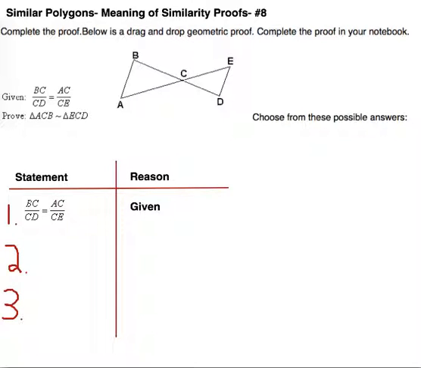Now, whenever we are trying to prove that triangles are similar, we have a few different ways that we can prove them, and you've already seen at least two of these before.